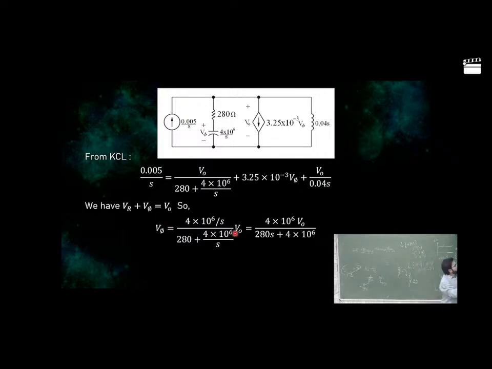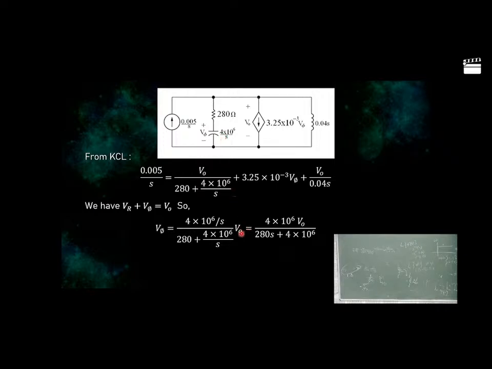Now we have VR plus V5 will be V0, because V0 is the voltage across each branch. Sorry, I wrote it V0. It will be the current value 3.25 into 10 power minus 3 V5. Now since VR plus V5 is V0, what will be V5? You use the simple voltage division rule. V5 is the voltage across the capacitor. It will be 4 into 10 power 6 by S into V0 by the total impedance of the path.